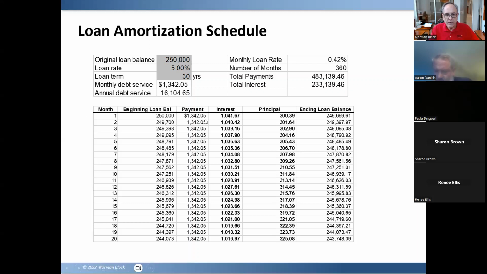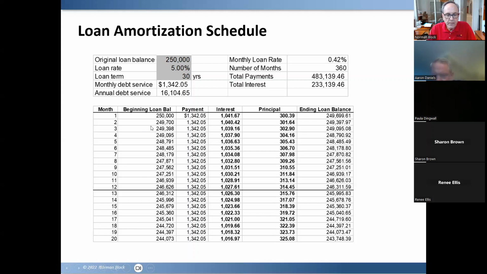And out of the $1,342.05, that leaves $339 left to reduce the principal. So after you make payment number one, the loan balance then is $249,699.61, and that is the beginning balance for month two.